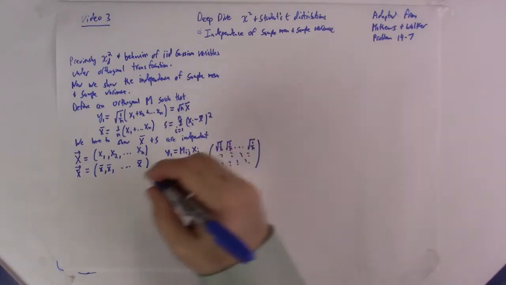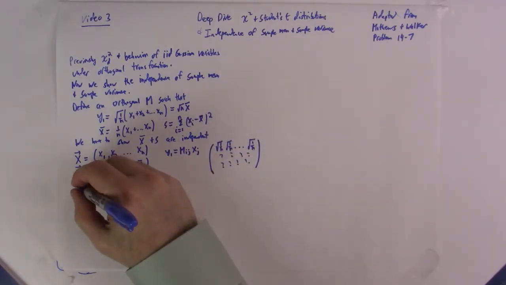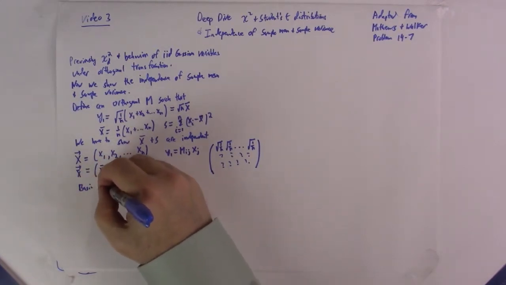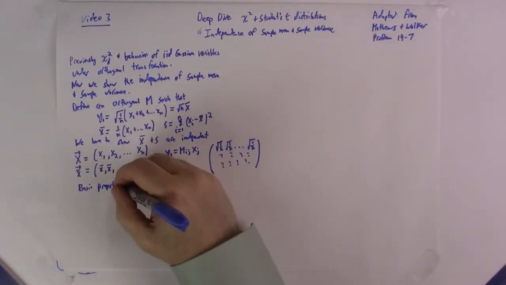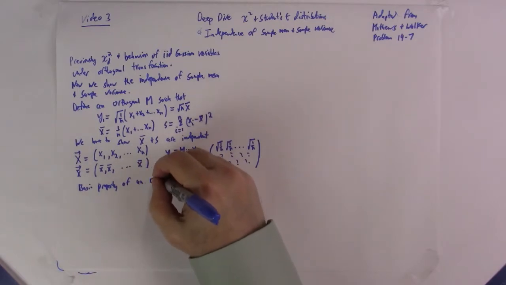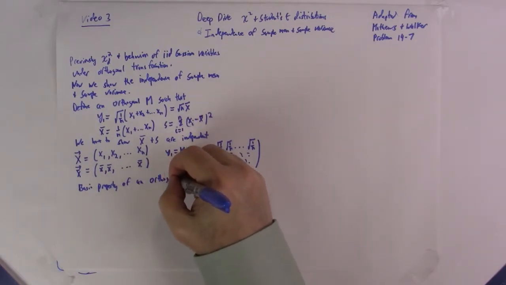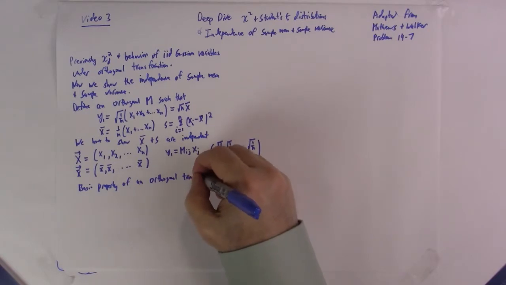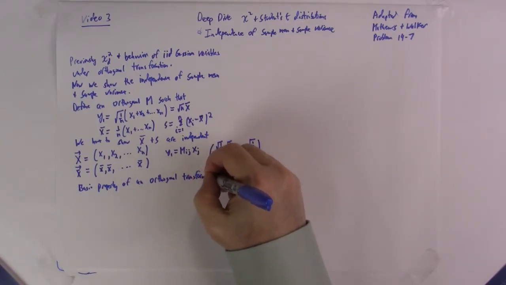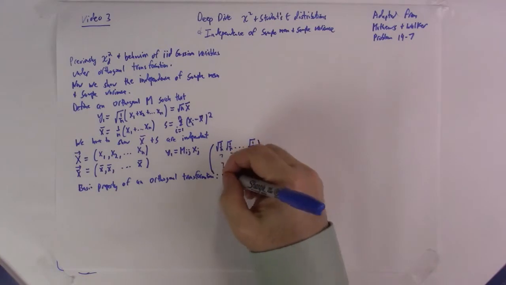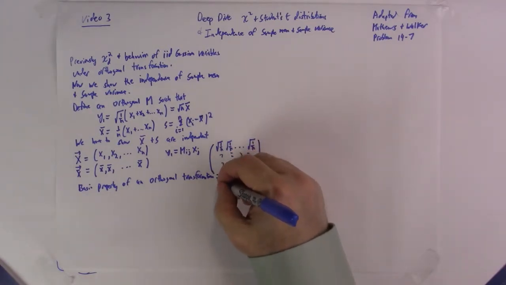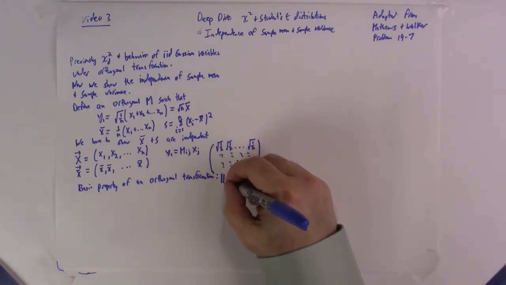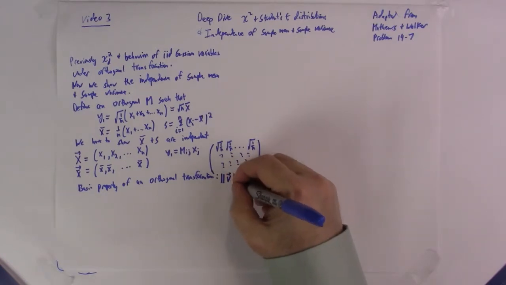Now, the basic property of an orthogonal transformation, which I won't establish here, but it's easy to establish, and maybe you should go do it if you haven't seen this before, is that the norms of vectors are preserved.